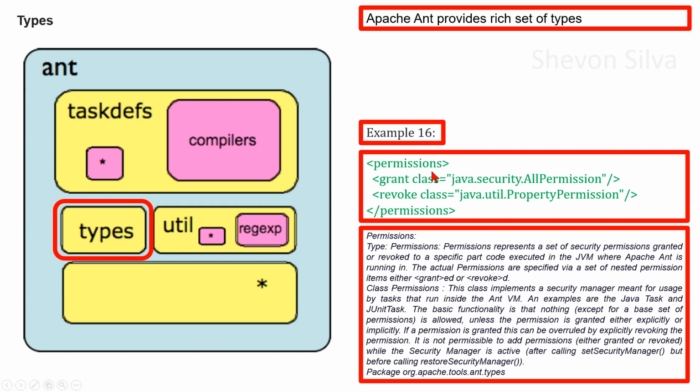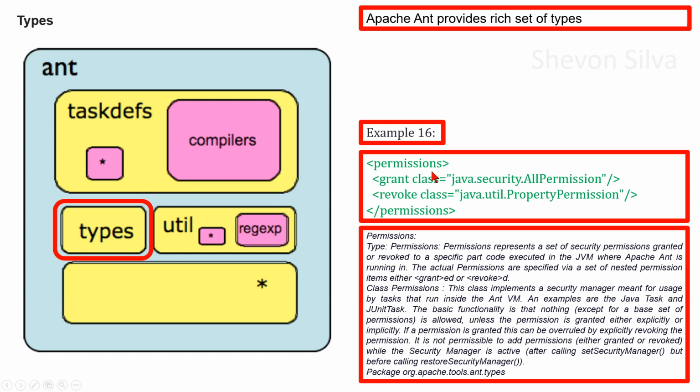The basic functionality is that nothing except for a base set of permissions is allowed unless the permission is granted either explicitly or implicitly. If a permission is granted, this can be overruled by explicitly revoking the permission. It is not possible to add permissions either granted or revoked while the security manager is active, after calling setSecurityManager but before calling restoreSecurityManager.